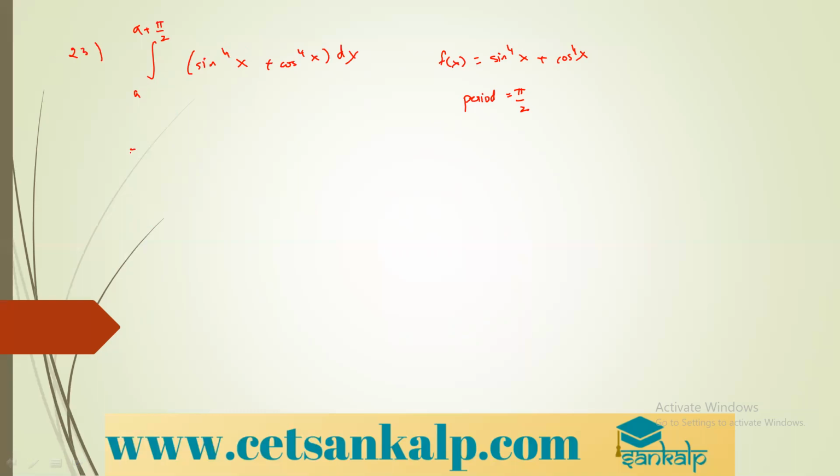That's why you can write this as integral a to pi by 2 of sine power 4x plus cos power 4x dx.